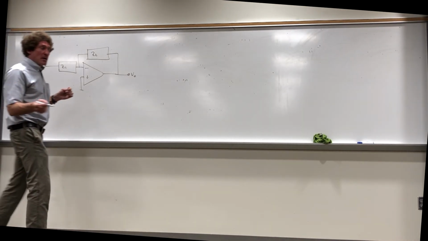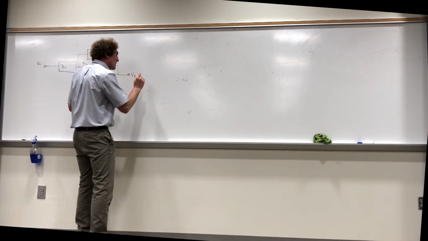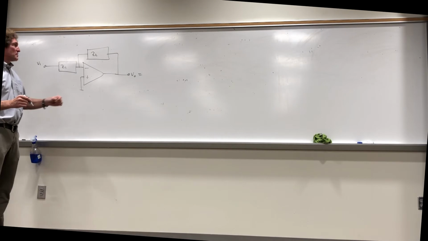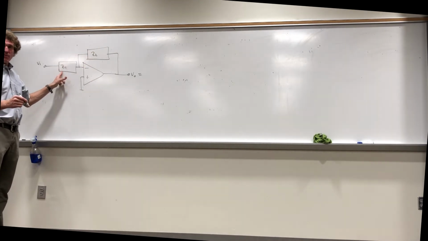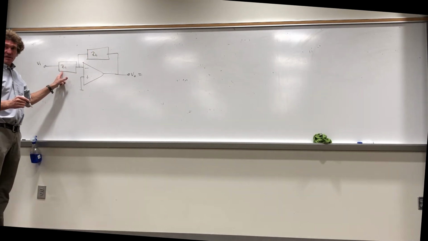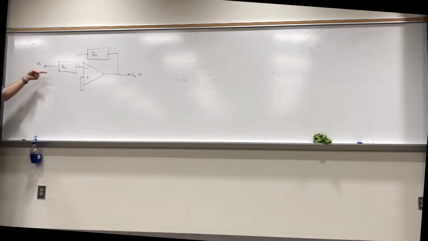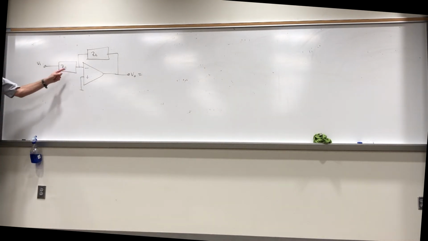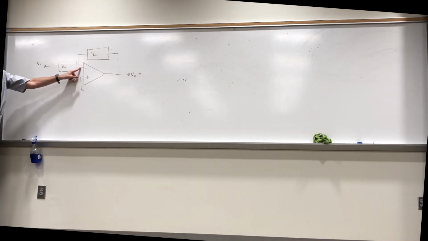So now, my V output here, remember before it was minus R2 over R1 times Vn? Right? We could go through the analysis and say the current here is just Vn divided by Z1, because that's 0 and that's 0, right?